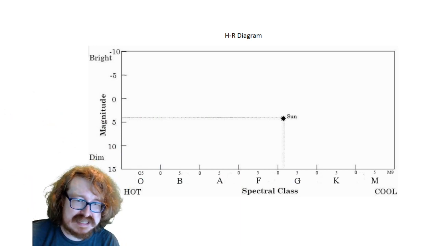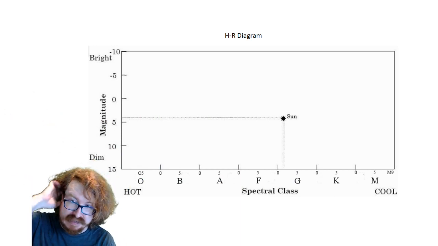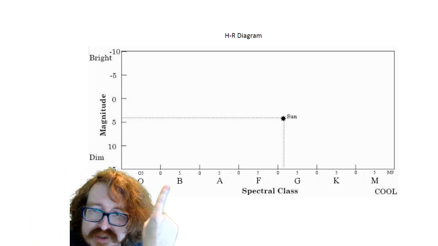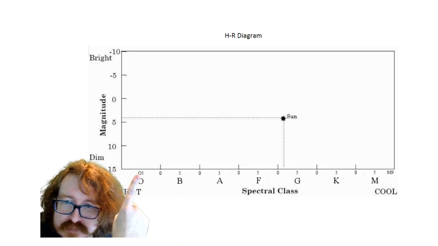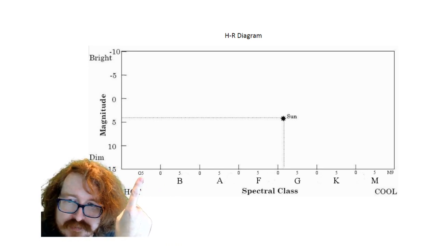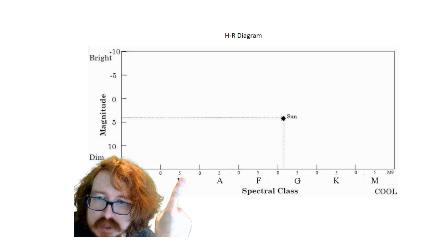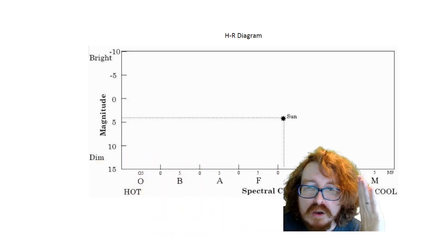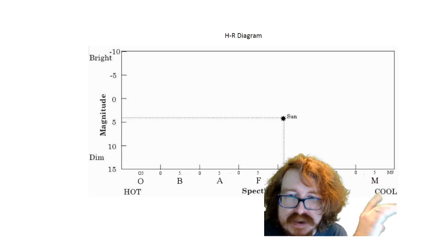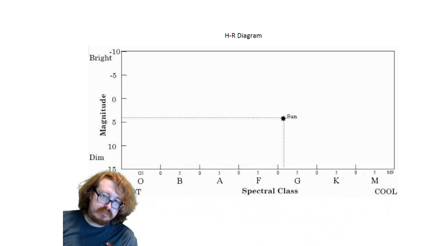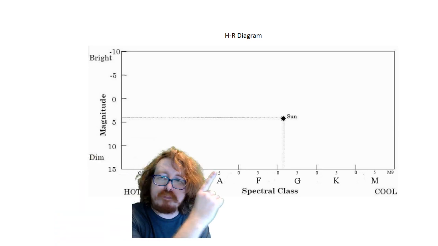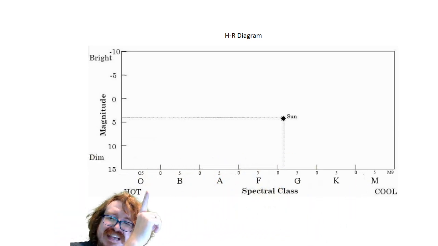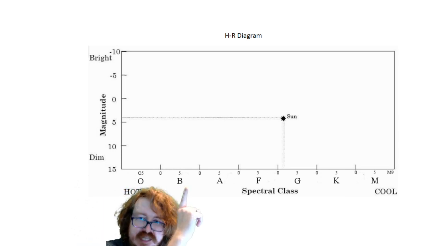But there's one last detail I want to point out before I end this segment. If you look above the spectral types, you've got these little numbers. This says O5, and then you've got O5, O5, O5, all the way down. And eventually down at the end, you've got this M9. So what do those mean? Well, remember, O, B, A, F, G, K, M, those represent temperatures. But those are only 7 temperatures, right?